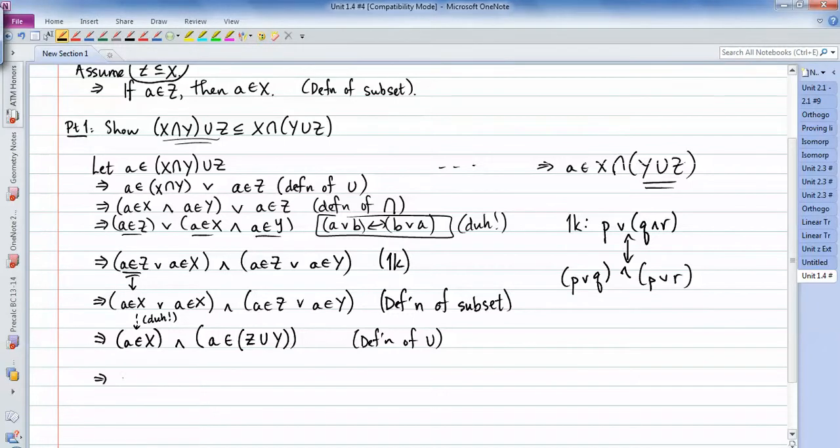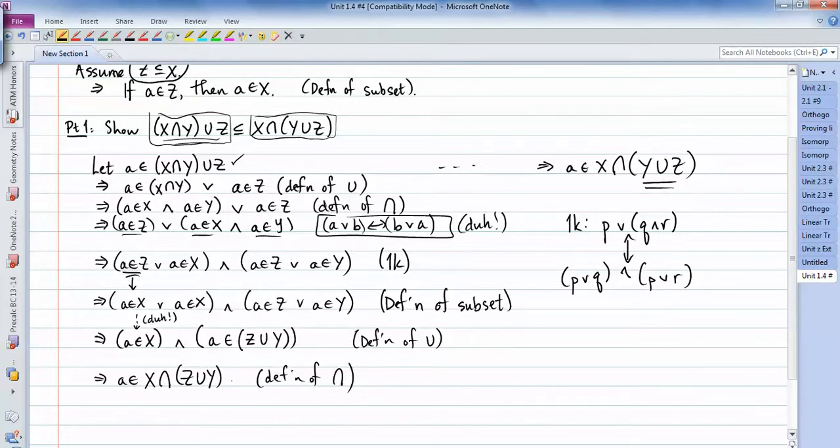So I can combine these into A is an element of X intersect Z union Y, and that's using the definition of intersection. And now if you look at this, we've actually done what we needed to do. We showed that if A is in this set, which is what we started with, then A is in that set, which is what we ended with.